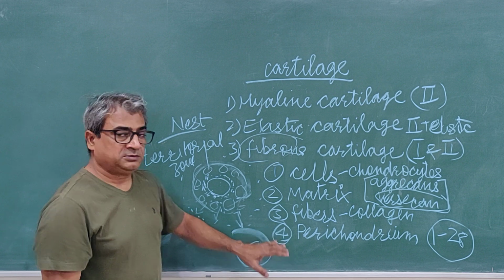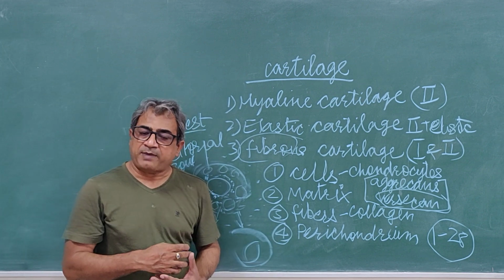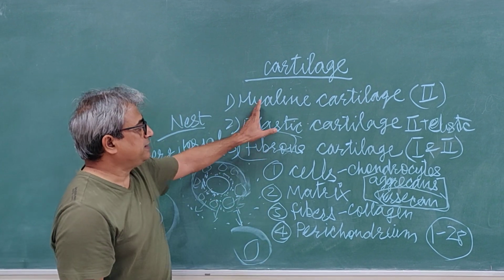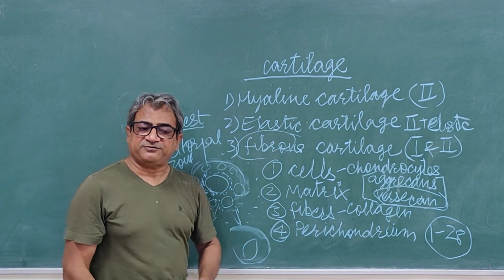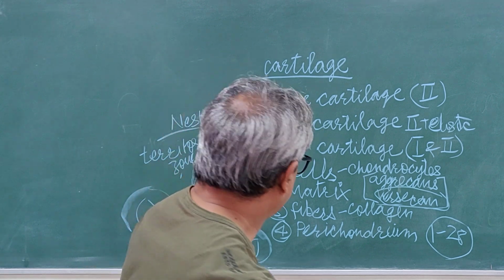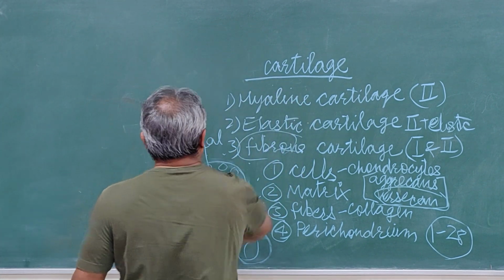And then they are surrounded by a layer, the perichondrium, which is present in hyaline and elastic cartilages, but is deficient in the fibrous cartilage. Let's just catalog it first.